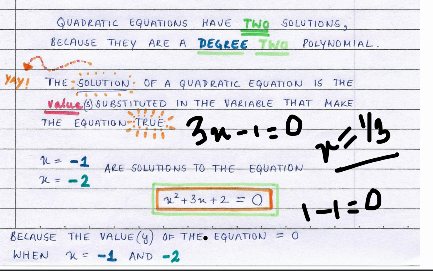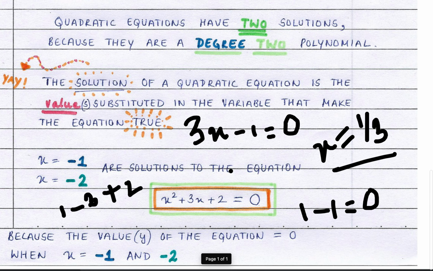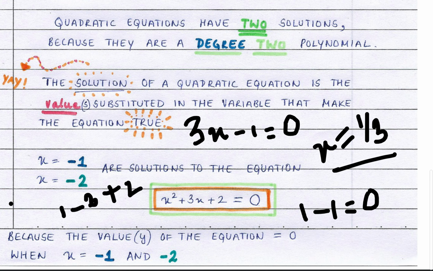If x was equal to minus 1, it would be x squared, which is 1, plus 3x, which would be minus 3, plus 2, which is equal to 0, thus satisfying the equation. The same goes even for minus 2. We have 4 minus 6 plus 2, which again is equal to 0. Minus 1 and minus 2, therefore, are the solutions to this equation given here.